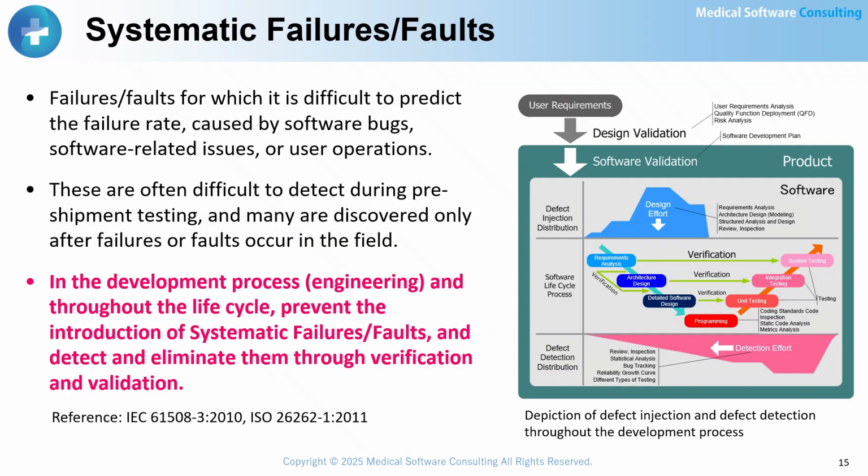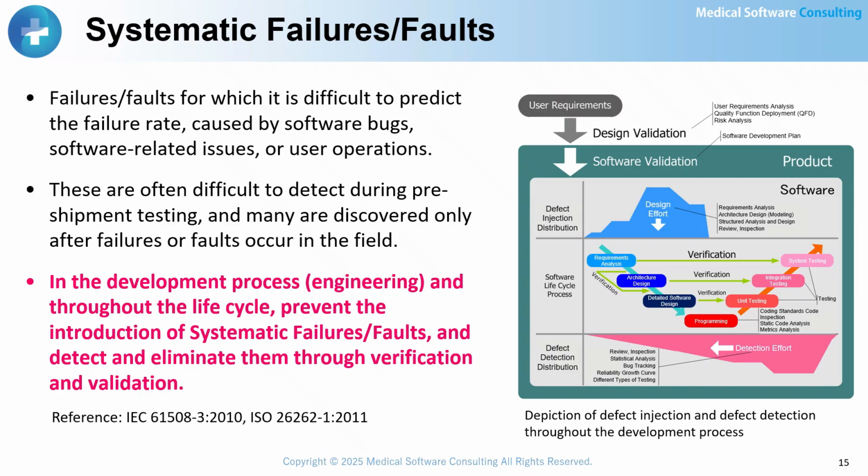Failures and malfunctions caused by software are known as systematic failures or systematic faults. These are defects that arise from software bugs, software-related issues, or even user operations, and because of their nature, it is very difficult to predict their failure rates in advance. A key characteristic of systematic failures and faults is that they are often not detected during final system testing before shipment.